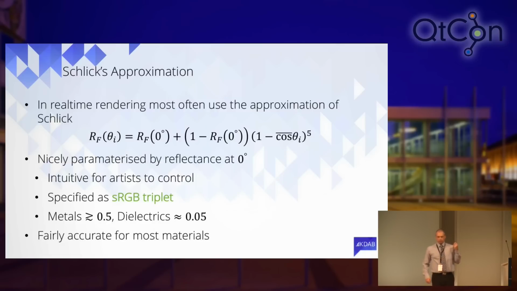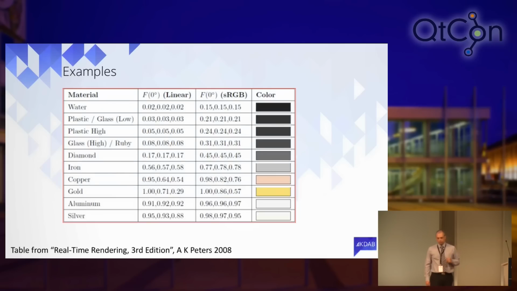And here's some examples of the different values for some different types of materials. Again, there's lots more of these you can find online and in papers. Very often we specify this in the sRGB color space, purely so we get more precision at the bottom end where lots of our materials occur, around the sort of 4% level. Now gold, you can see, third up from the bottom, is very, very strongly colored. It's not a gray color like the ones near the top of the table.